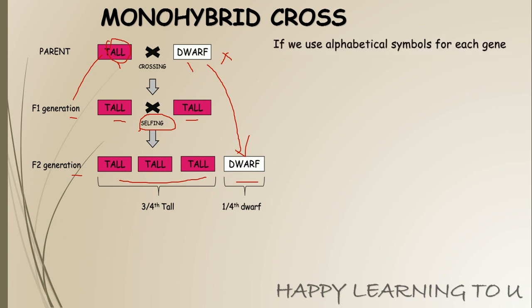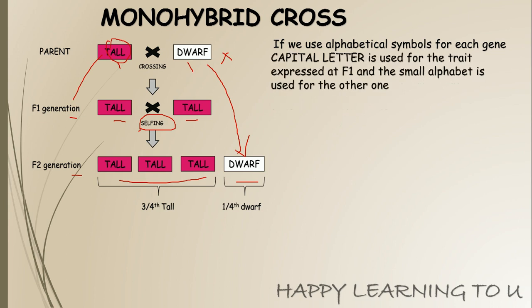Now, if we use alphabetical symbols for each gene, then we shall use a capital letter for the trait which is expressed at the F1 stage, and a small letter for the other one which is not expressed at the F1 stage. So as per this, a capital T is used for the tall trait and a small t is used for the dwarf trait.